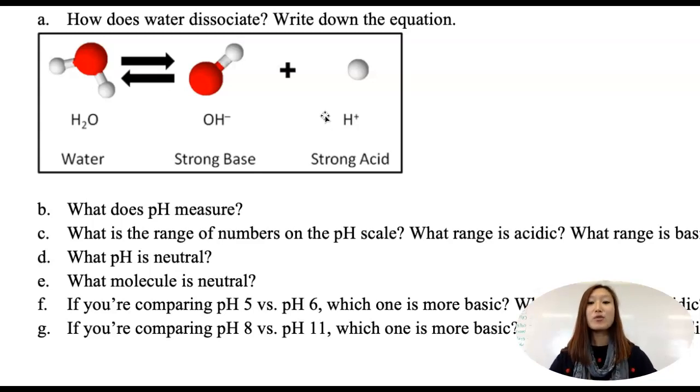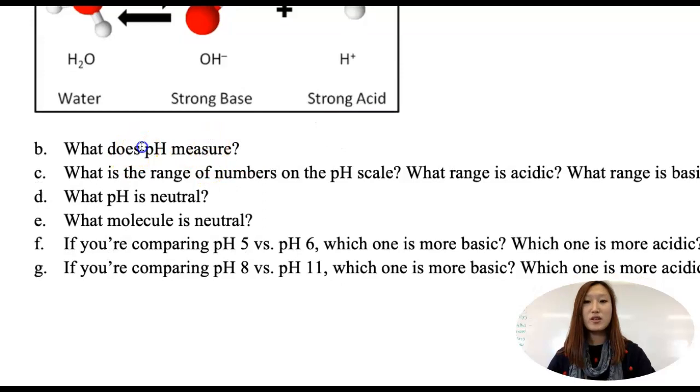then this substance will be neutral. When you have a higher concentration of hydrogen ion, that will make the solution more acidic. And when you have a higher concentration of the hydroxide ion, or in reverse, a lower concentration of the hydrogen ion, then you will say this solution is more basic.